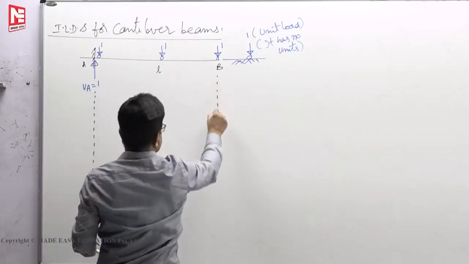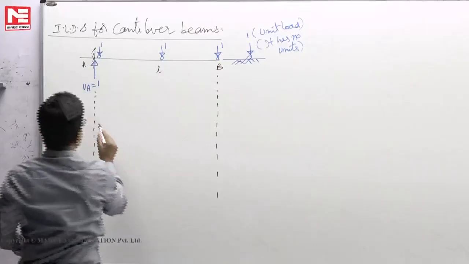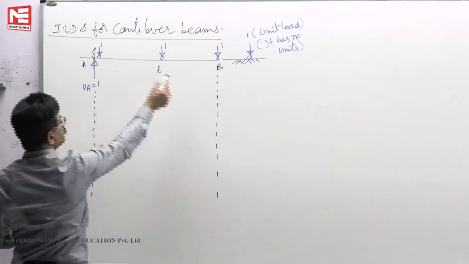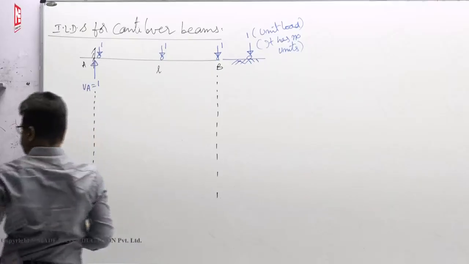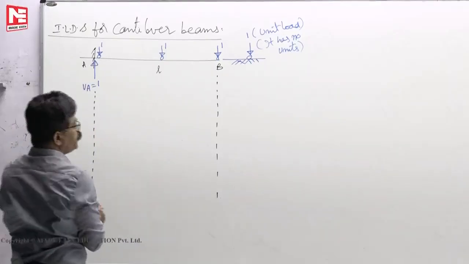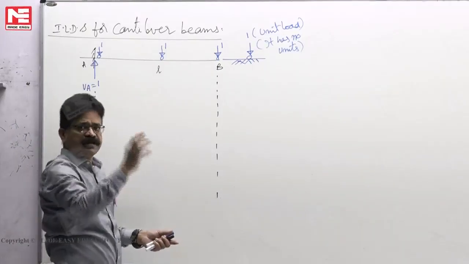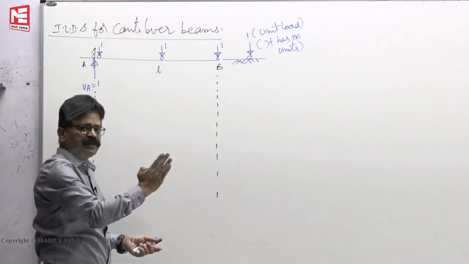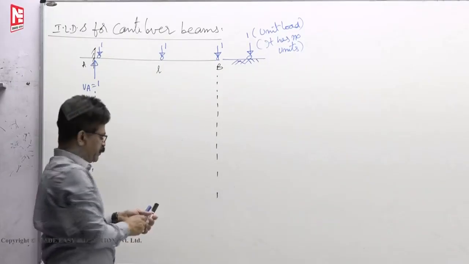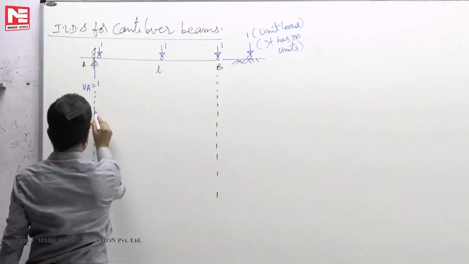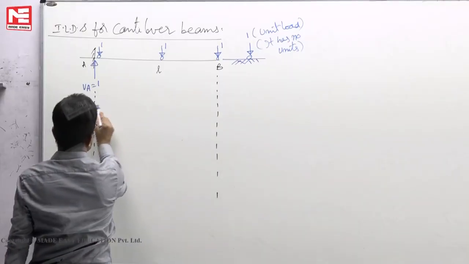So wherever load is there on the cantilever beam, you get the same value 1. That means the influence of unit load is constant. Wherever unit load is there, its influence on VA is same, 1. That means your influence line diagram must be a rectangle like this.